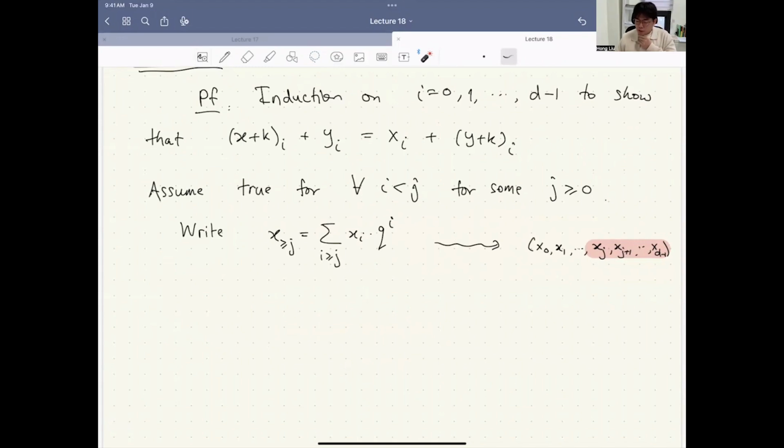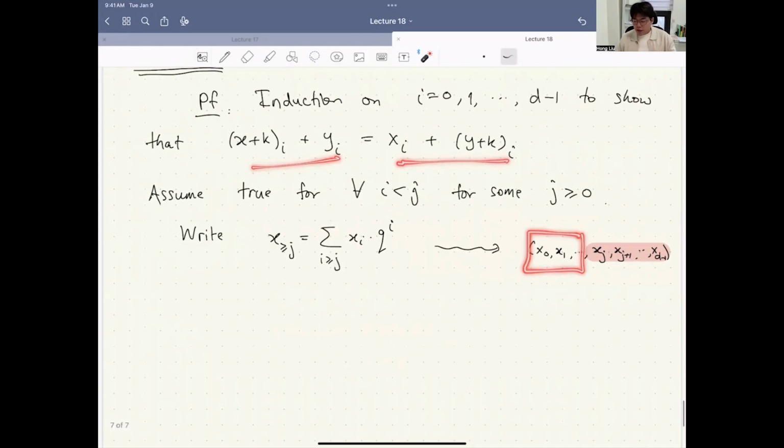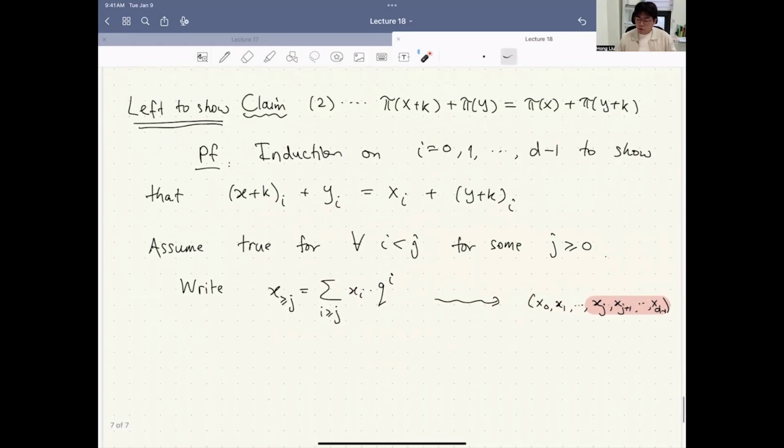The induction hypothesis says all the previous digits are the same on both sides. And we also have that the total sum is this number when you sum it up in terms of quinary expansion. So that implies that this is the same.